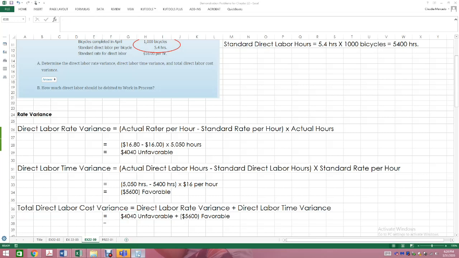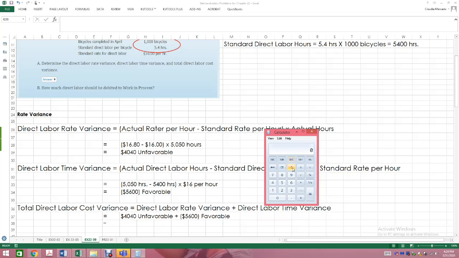Let's see what we get. So we have 4,040 plus 5,600, so I'm going to get 1,560 favorable.